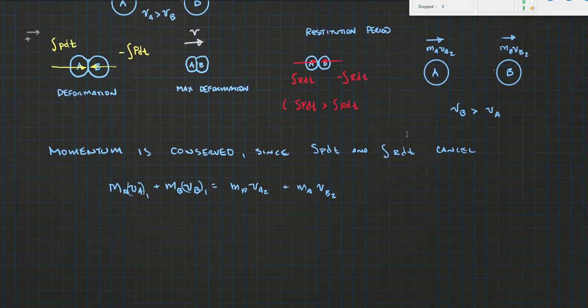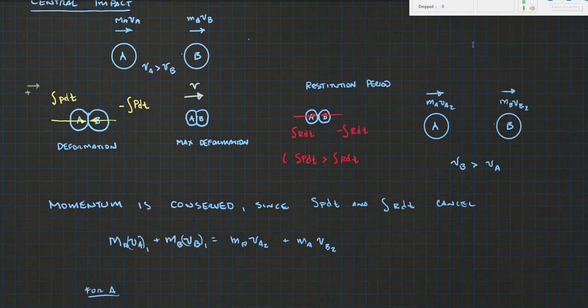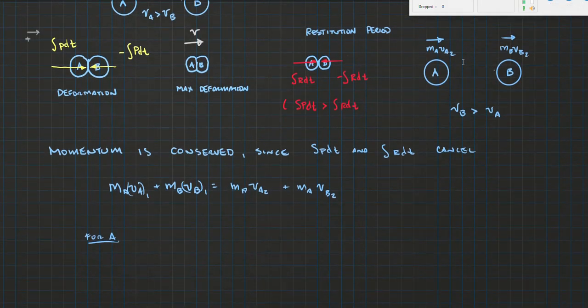And so what we'll do is look at the individual momentums of the particles. So during the deformation period, we have mass of A times the velocity of A at 1 minus the integral of P dt.